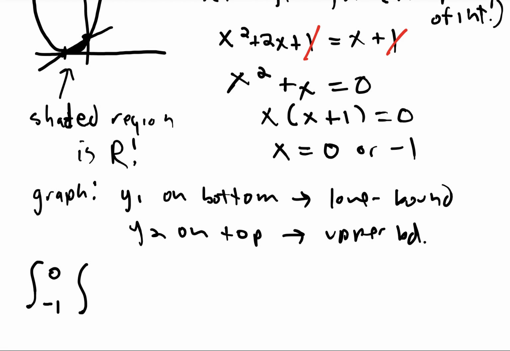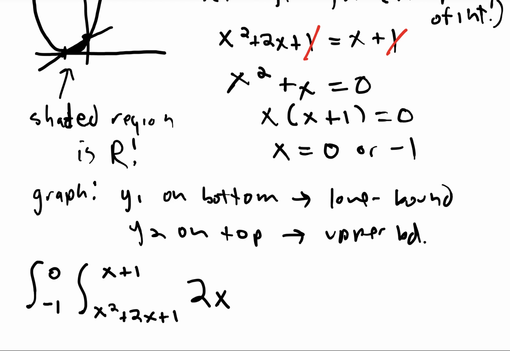My function bounds go on the inside. We decided that the parabola, y1, was on the bottom, so x squared plus 2x plus 1 goes on the bottom, and x plus 1 goes on the top. Then the original function I was asking you to integrate was just 2x.